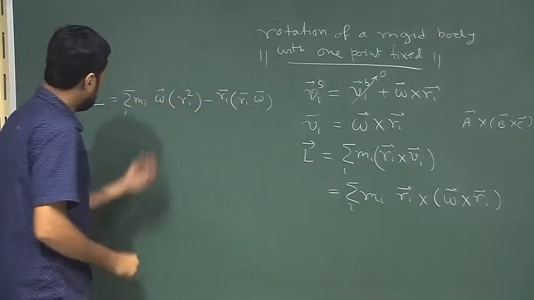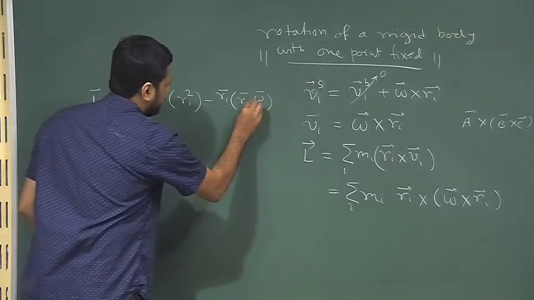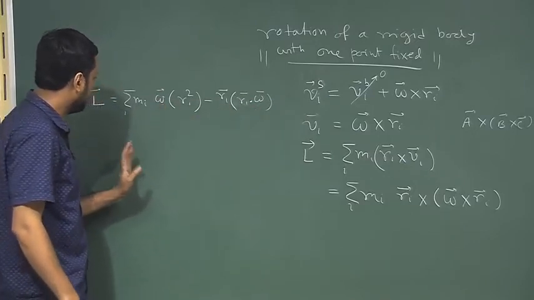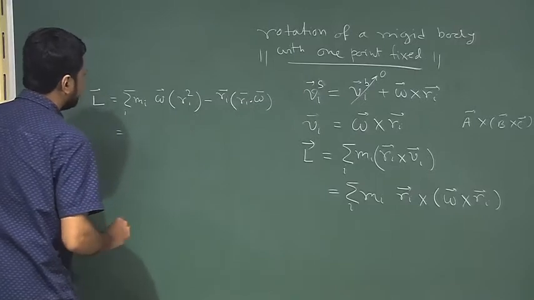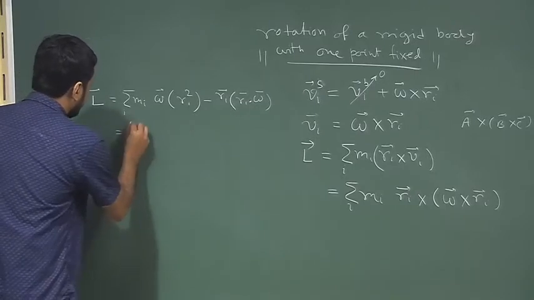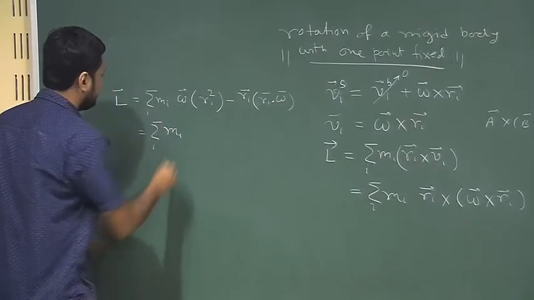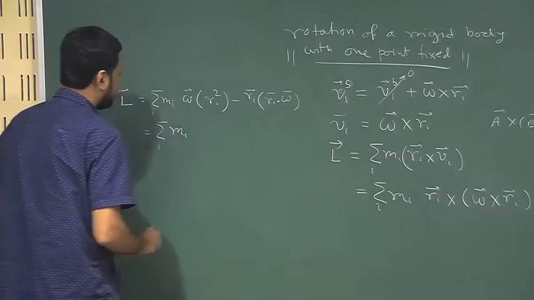Now, if we open this, these are all vectors. There is a vector dot product, and this is a vector here. If we open it up, what we will find is sum over i m_i.